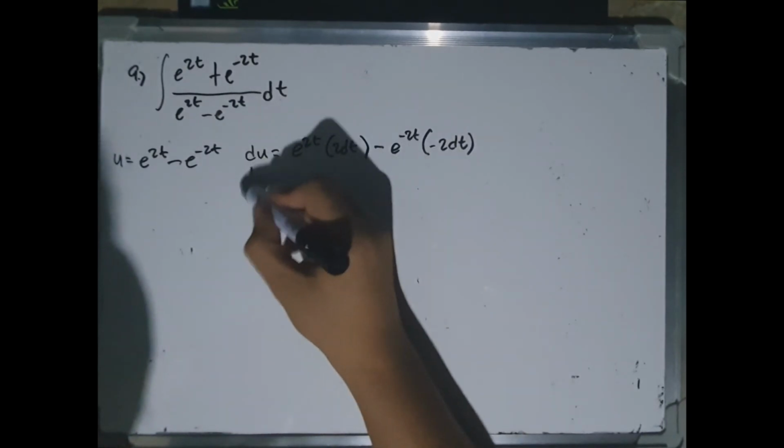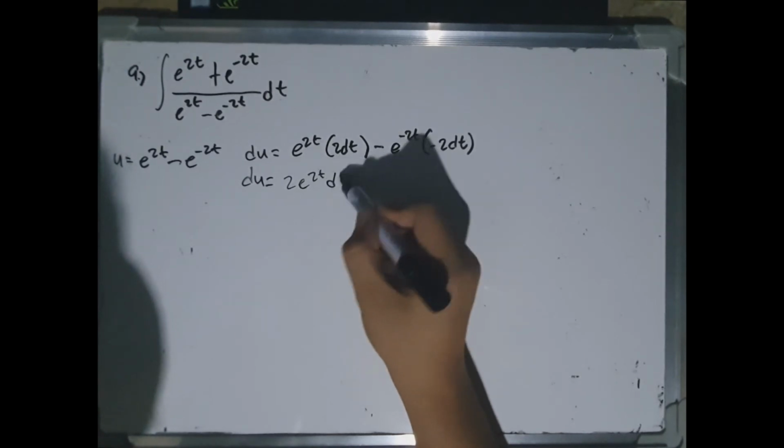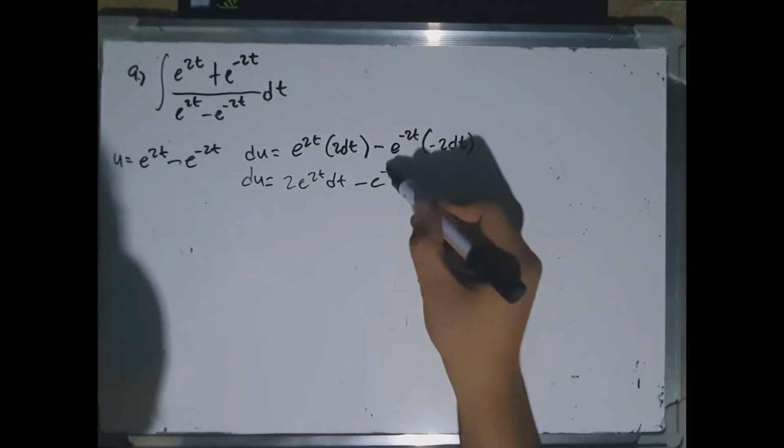Now simplifying du, that will become 2 e raised to the power of 2t dt minus e raised to the power of negative 2t.